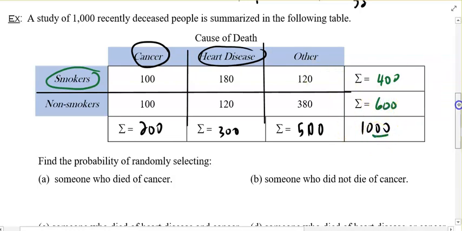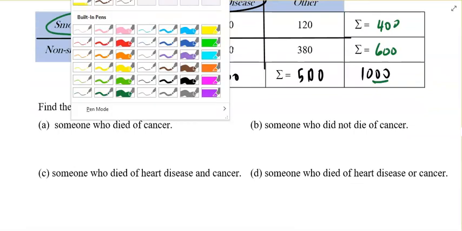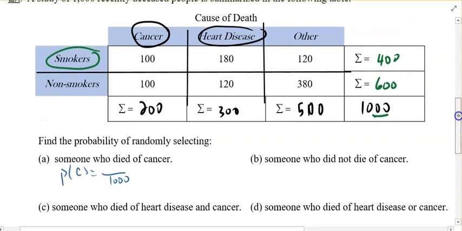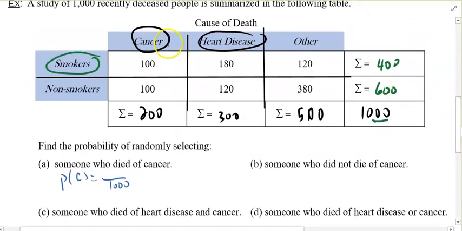And let's do this quickly. Find the probability that a randomly selected person died from cancer. There are 1,000 people. How many people died from cancer? Well, that would be all of those, which is 200.